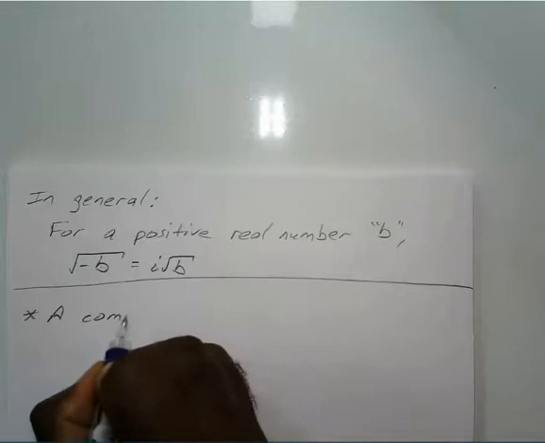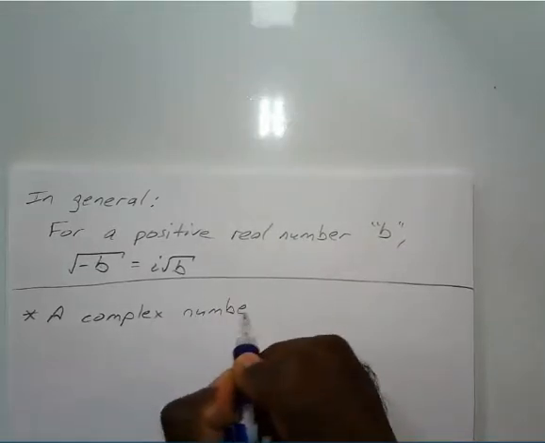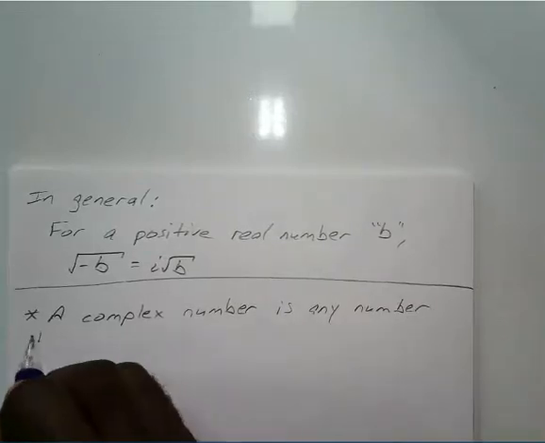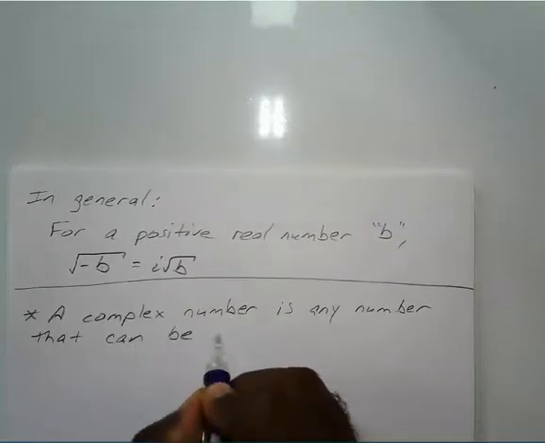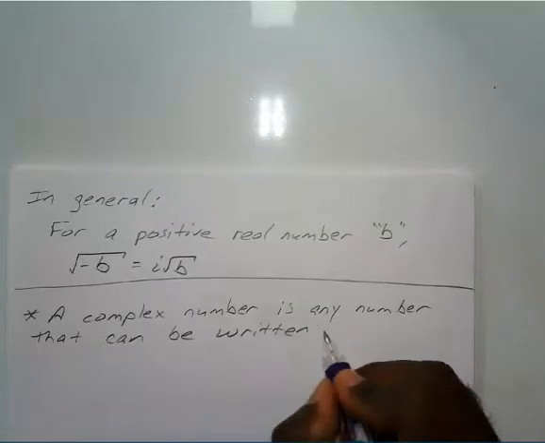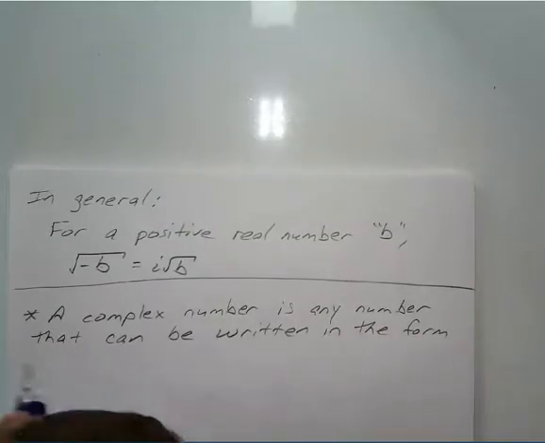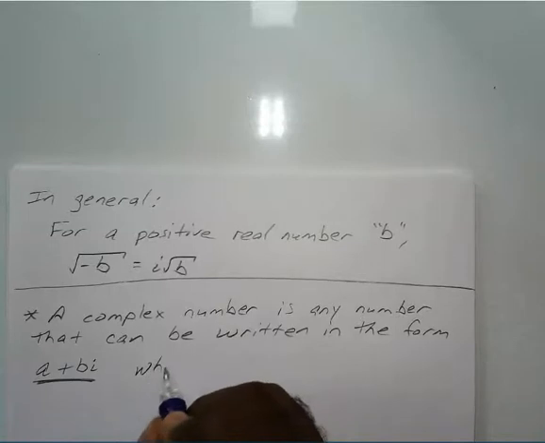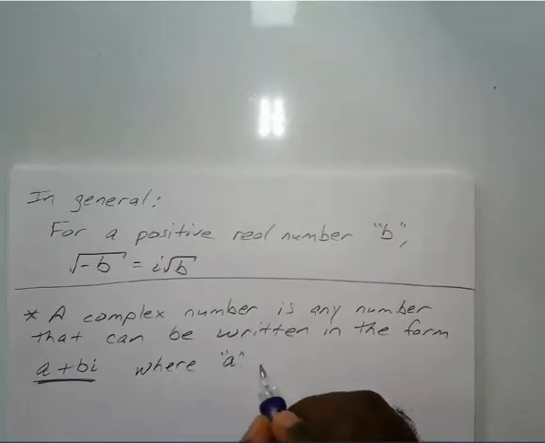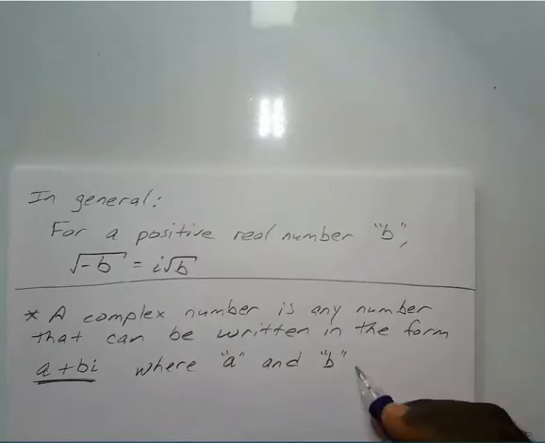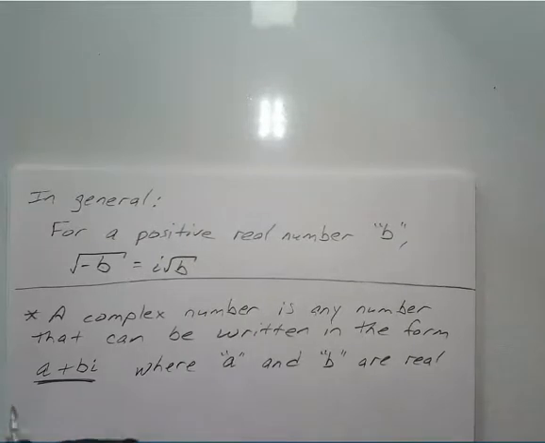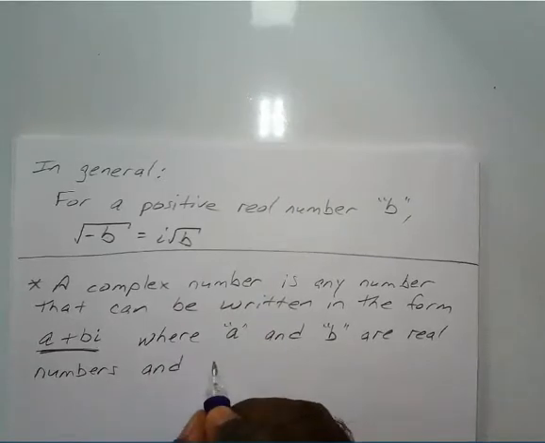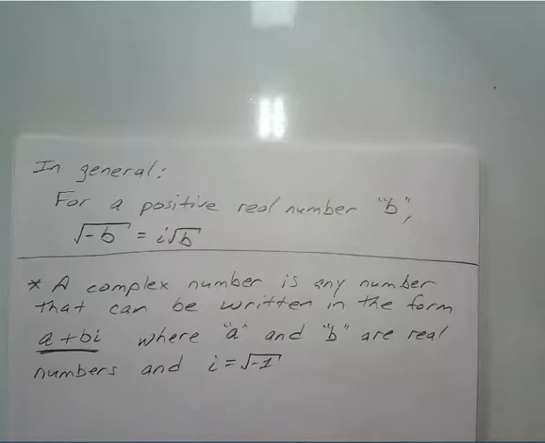Okay, so a complex number is any number that can be written in the form a plus bi, where a and b are real numbers. And i equals the square root of -1.